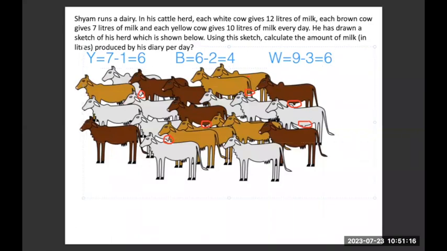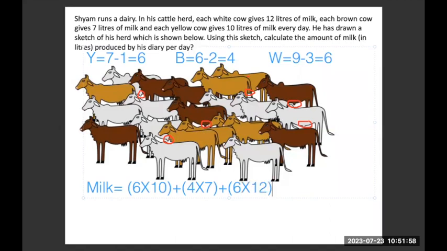So the milk produced will be equal to 6 yellow cows multiplied by how many liters of milk yellow cows are giving. 6 into 10 plus brown cows are 4, so 4 into 7, since yellow is 10 and brown is 7, plus white cows, there are 6 white cows, and a white cow gives 12 liters.